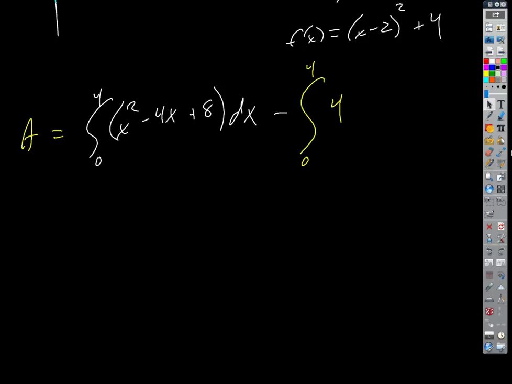So if I've got integrals over the same limits, the integral from 0 to 4 of f of x dx minus the integral from 0 to 4 of g of x, what could I do? You just combine them. Yeah, I could combine integrands, couldn't I? Did everybody see that? Because all this stuff is the same.